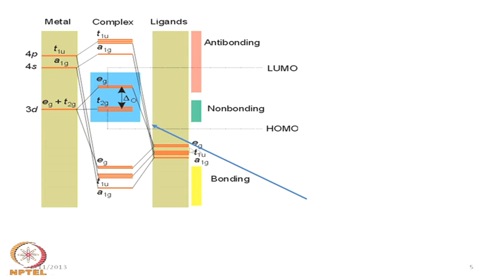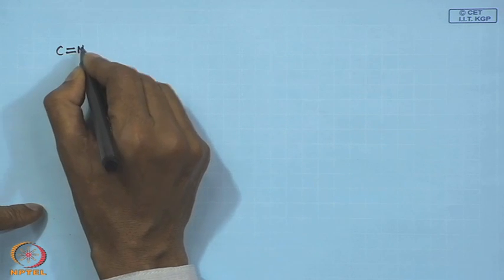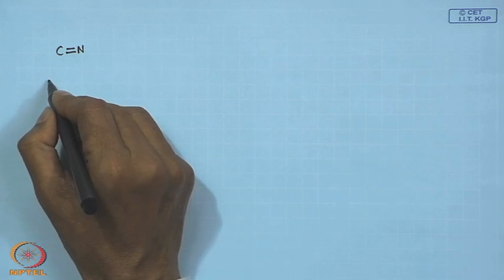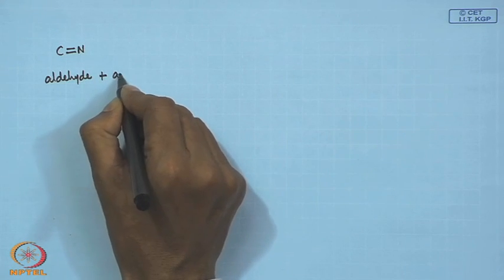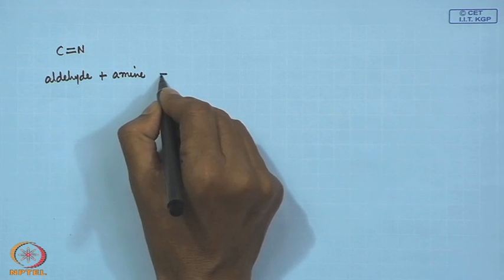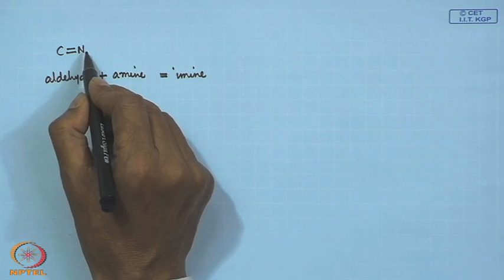In this situation, like getting the transitions in spectroscopic parameters, what we have seen in the spectra of simple molecules like carbon monoxide or imine functions, what we discussed earlier also, if we have the Schiff base formation, that means between an aldehyde and an amine, giving rise to the formation of the imine, that means C double bond N.